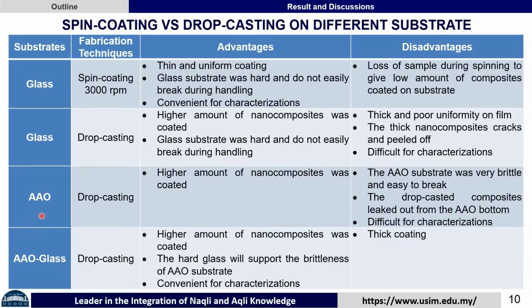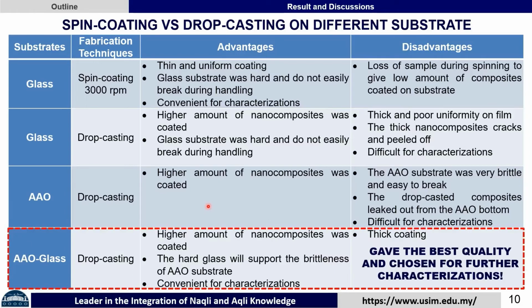Therefore, from the experiment, it was found that the drop casting of nanocomposites on a combination of AAO and glass gave the best quality of film, with a higher amount of nanocomposites coated on the film.